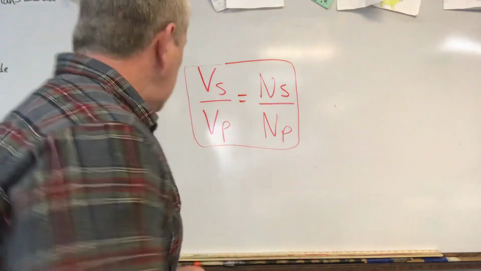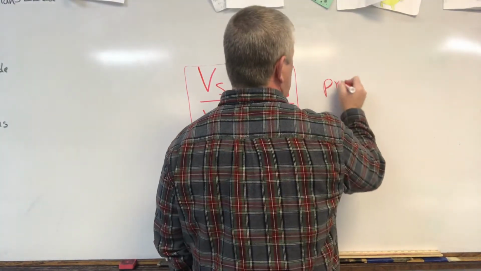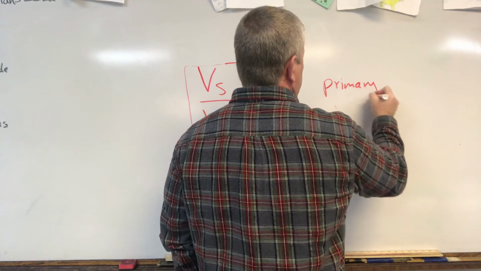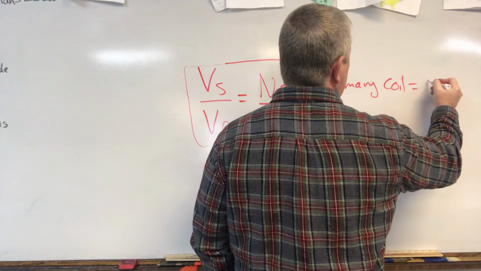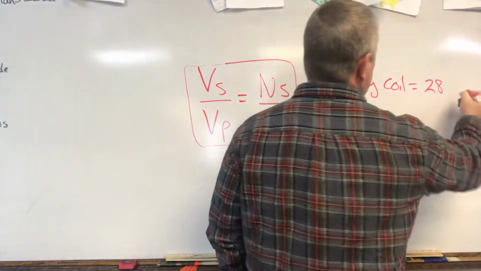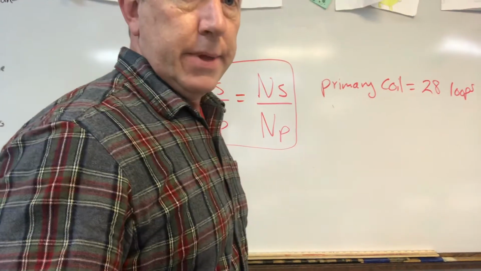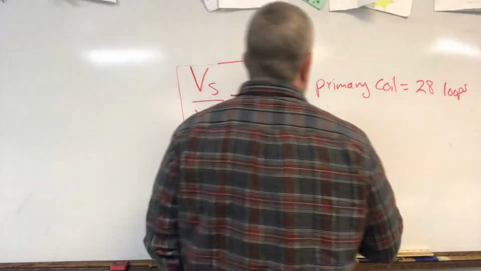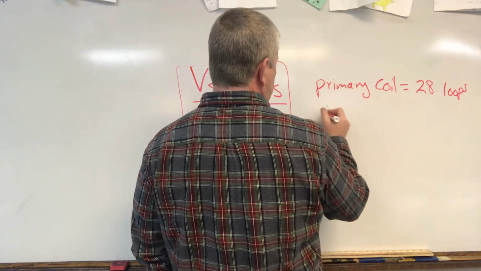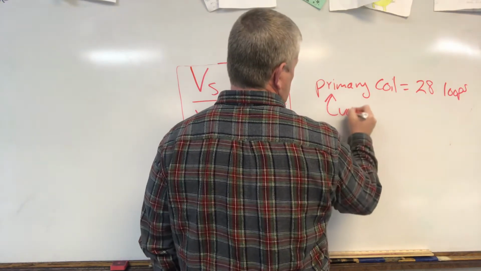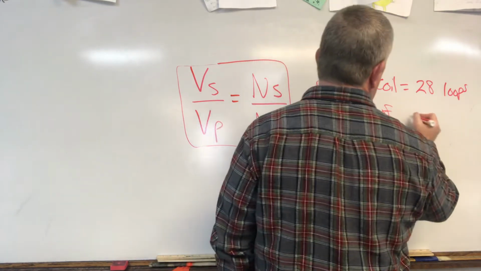I'm working it. Now, let's say that I have a primary coil with 28 loops. Okay, primary coil, 28 loops. You can see that, right? Yeah, okay. And this is producing a voltage, let's say 60 volts.